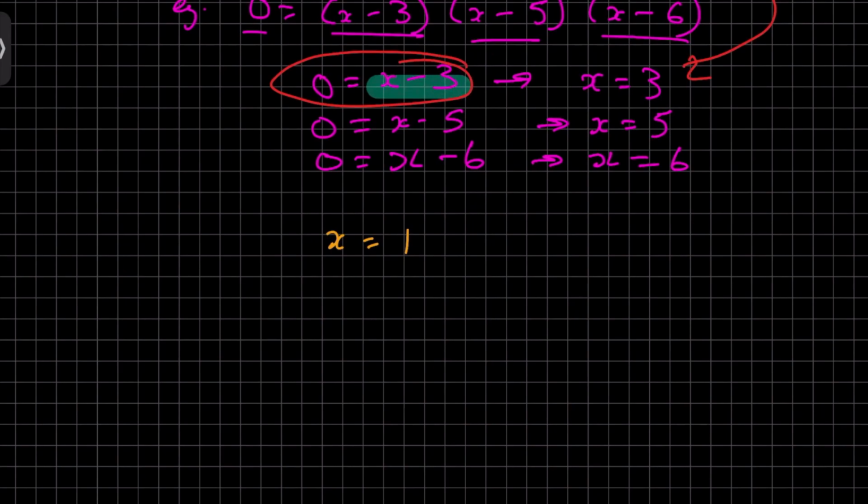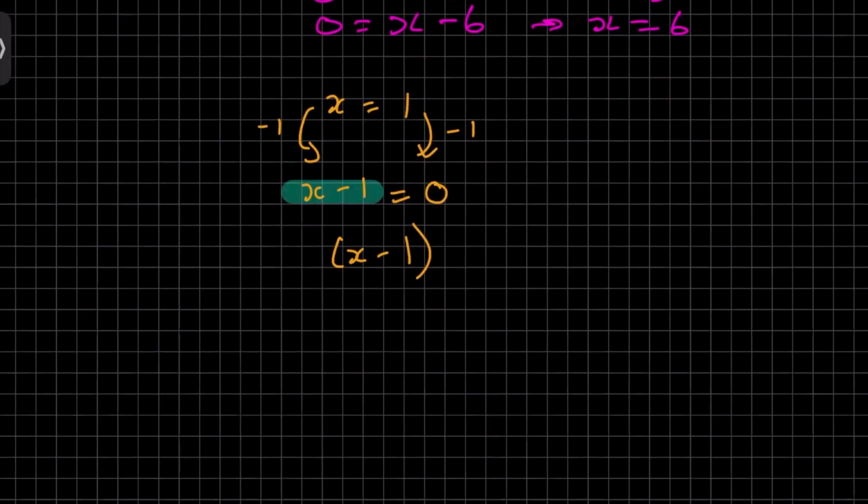The way to do this is by rearranging this equation to make it equal 0. So if we minus 1 from both sides, we get x minus 1 equals 0, meaning that one of our factors will be x minus 1. So now we can rewrite p of x as x minus 1, one of the factors, times another quadratic equation.